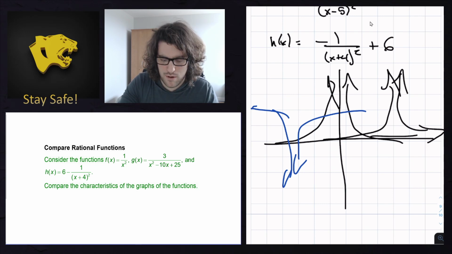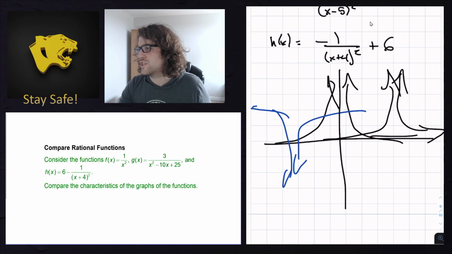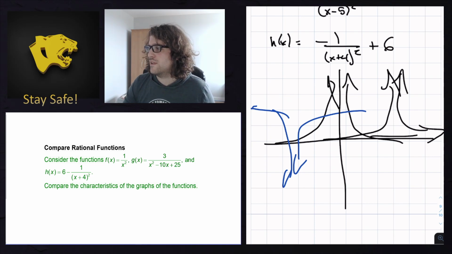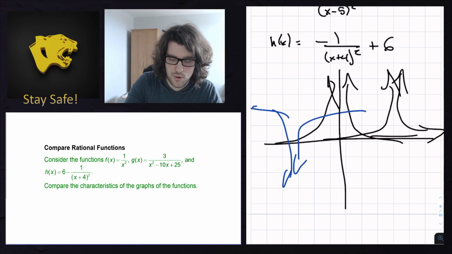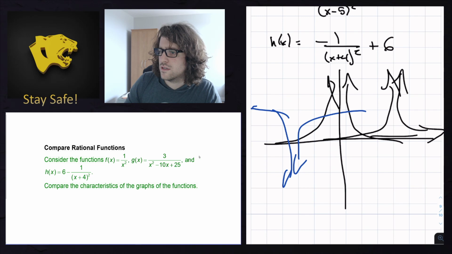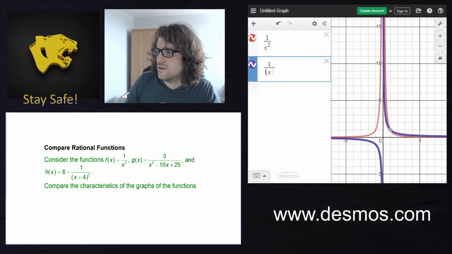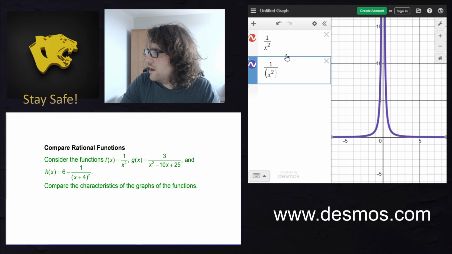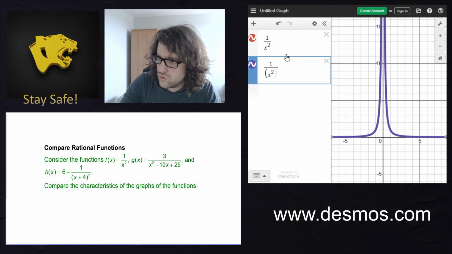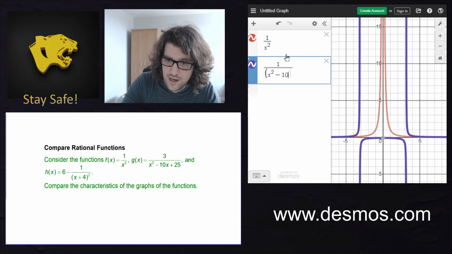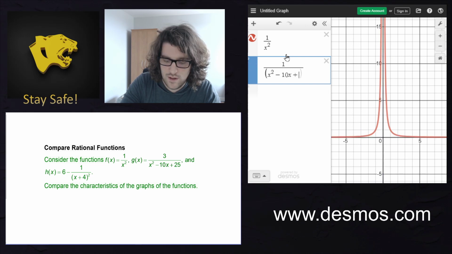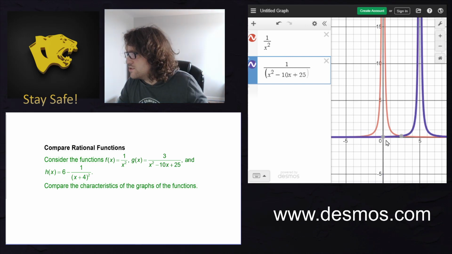So this is going to be 1 over x squared. That's the one we just talked our way through and said it was going to be a lot like 1 over x, but steeper and positive on both sides. Then the other one is 1 over x squared minus 10x plus 25, because I just flipped that over.